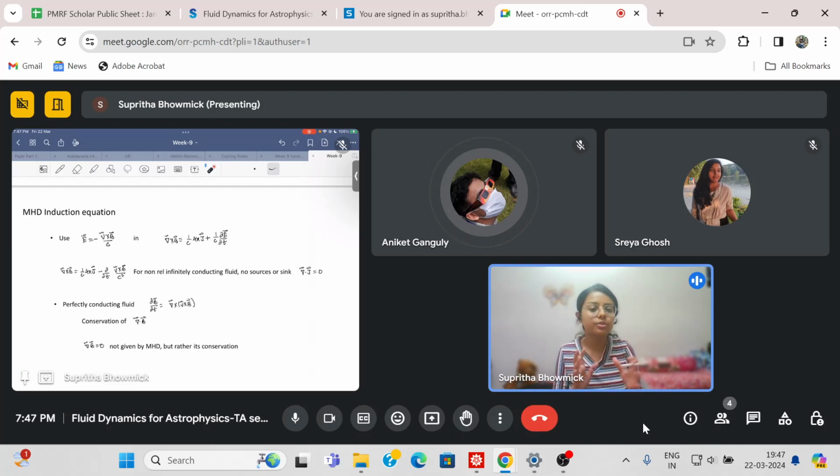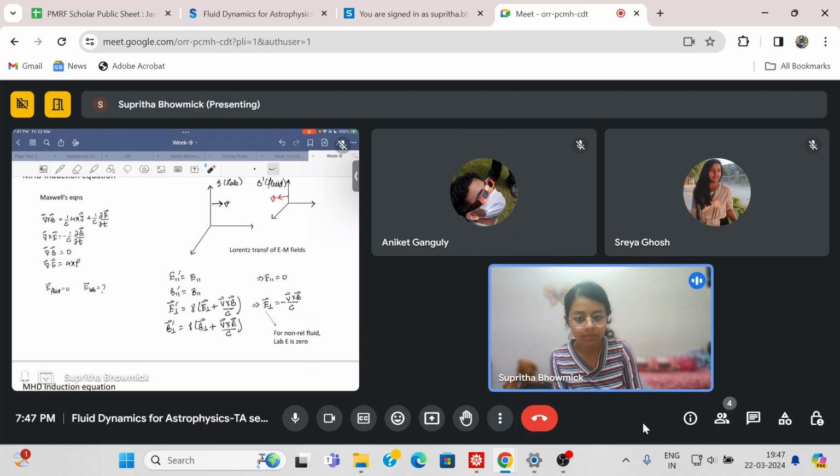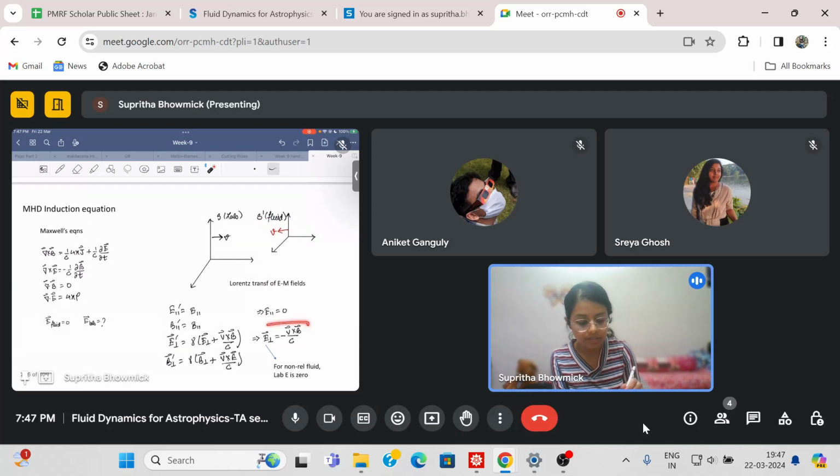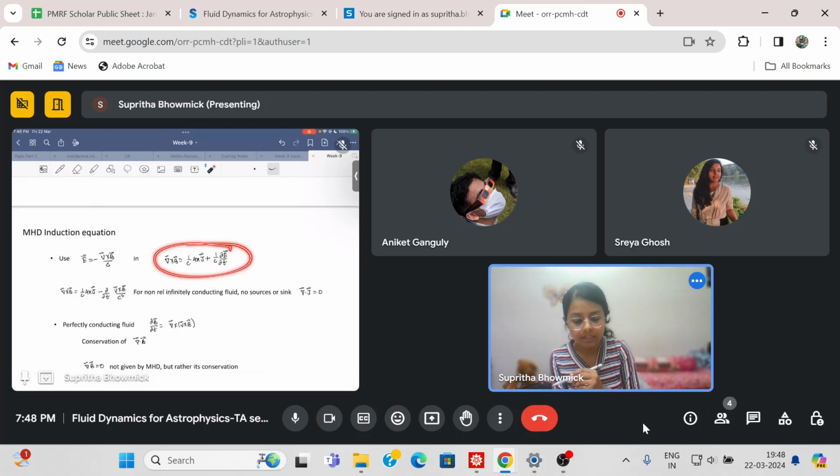Let's conclude a few more things from this topic. Let's once again use the relation that we got from frame transformations, relating the electric field and magnetic field of the fluid in the lab frame. Let's use this relation in the second dynamical Maxwell equation and substitute the expression for E in this del E by del t.